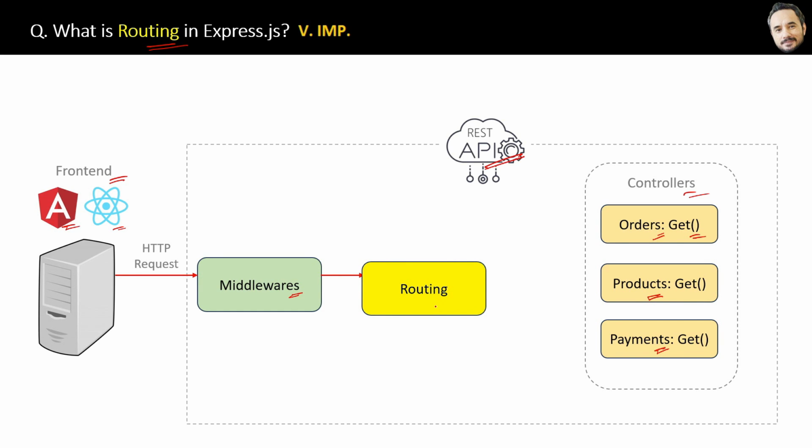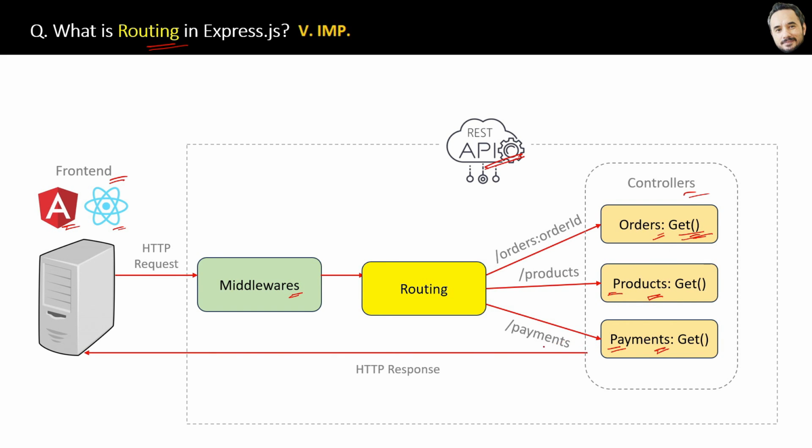In the case of a URL with orders, the routing will redirect it to the orders controller, and if the method in the request is get, it will execute the get orders method of the orders controller only. In the case of products or payments in the URL, the request will be redirected to the products or payments controller. Finally, the response will be sent back to the front end. That is the role of routing.